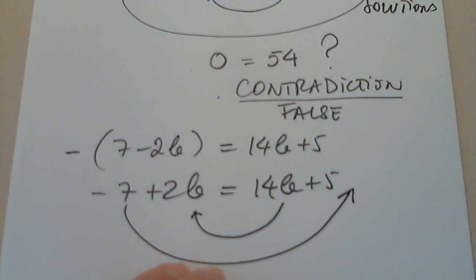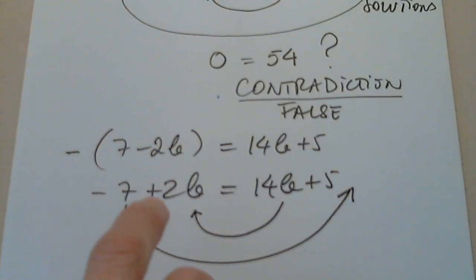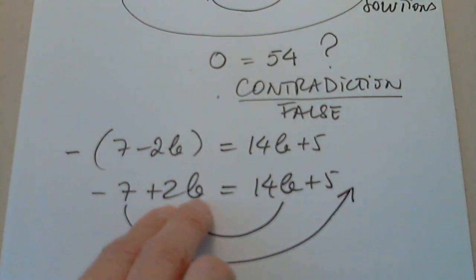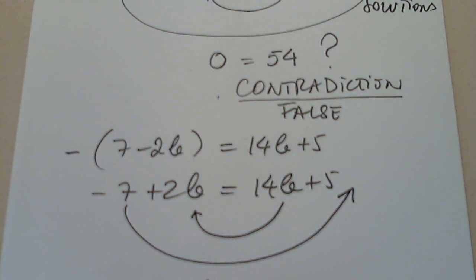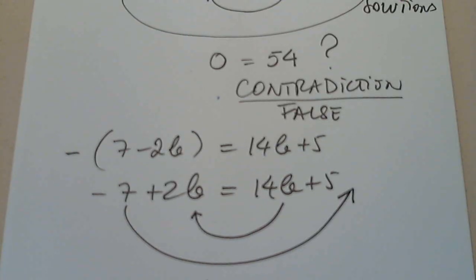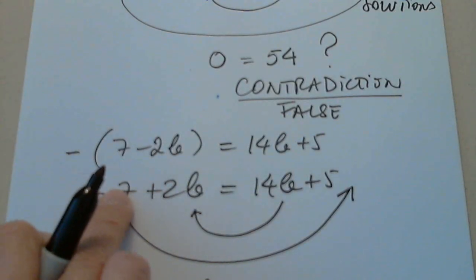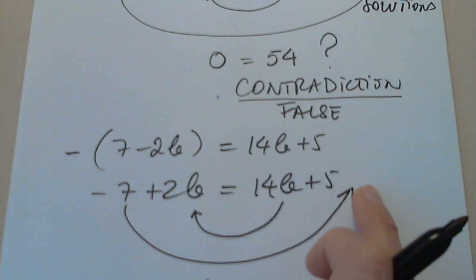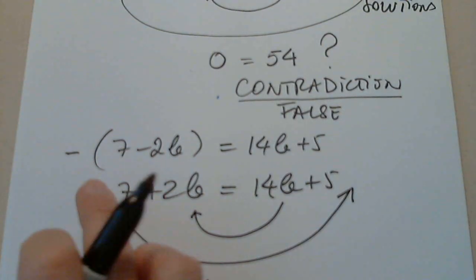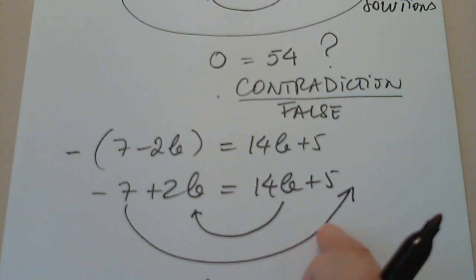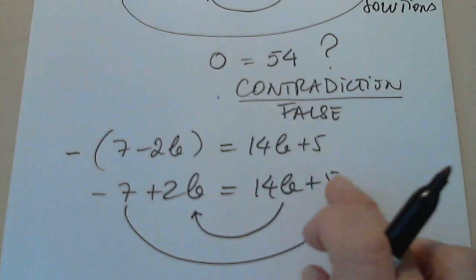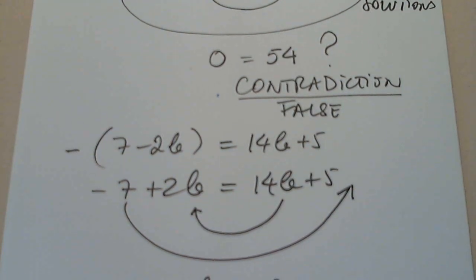When I move it to the other side, it becomes negative. 2b minus 14b is -12b. When I move -7 from one side to the other, I have to change its sign. So the -7 here becomes +7 here. 5 plus 7 is 12.